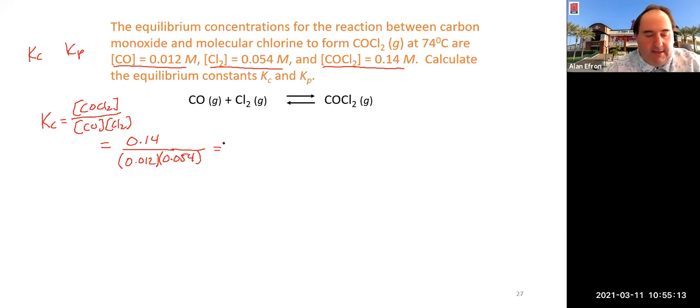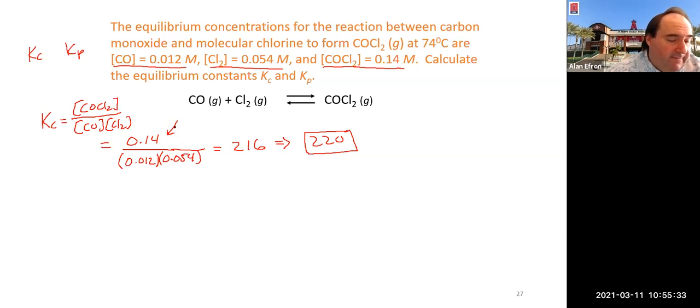If you do all that, 0.14 divided by 0.012 divided by 0.054, you get something like 216, which, since it's a chemistry class, should end up at 220 in terms of sig figs, since everything here is 2 sig figs.